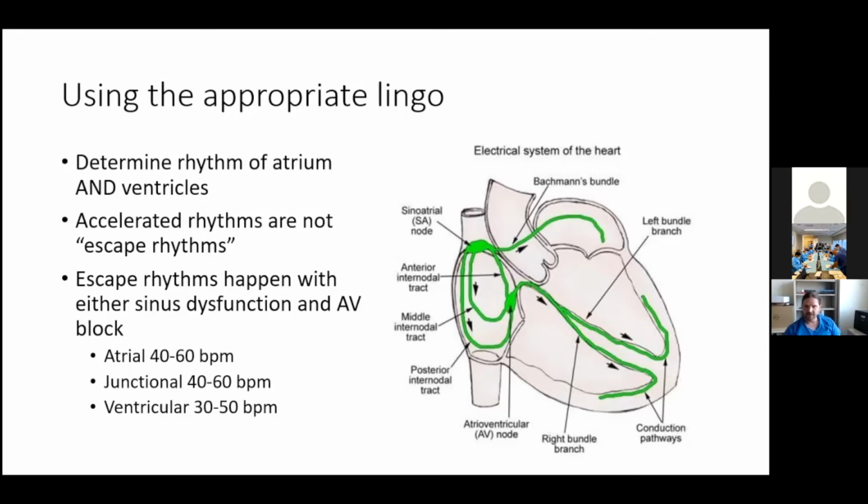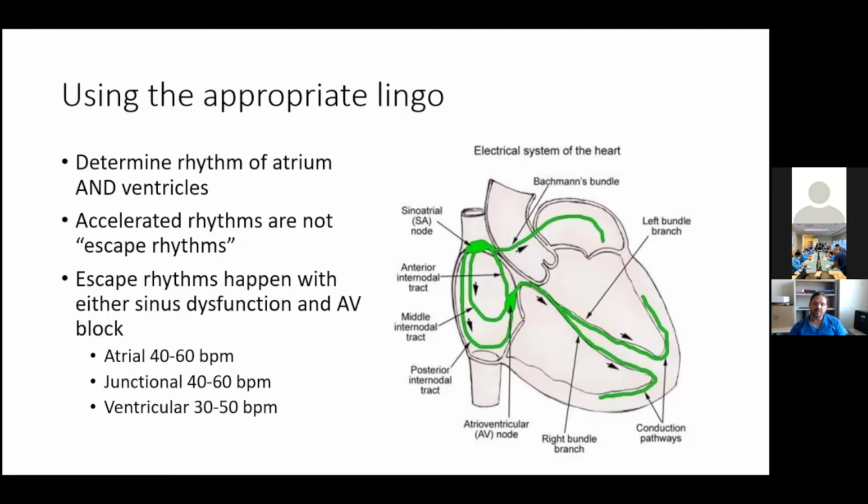Accelerated rhythms are fast, and they're not an escape rhythm. That's something going faster than you'd expect, usually faster than 60, faster than we'd expect for normal sinus rhythm. The same areas that get accelerated rhythms do get escape rhythms, though, and we name them based on the place they're coming from.